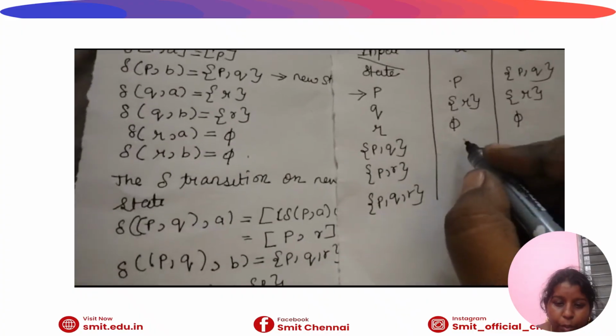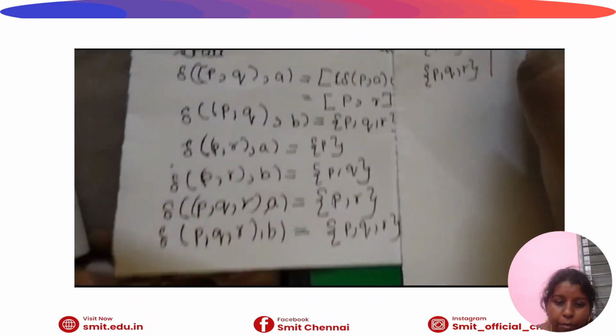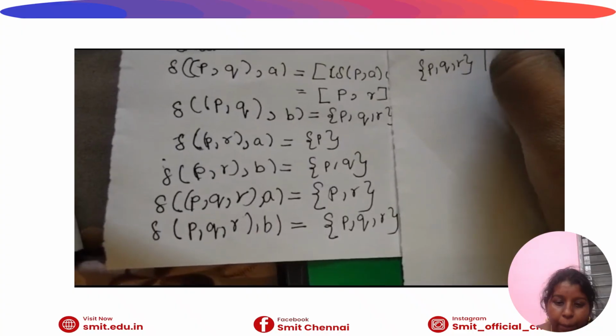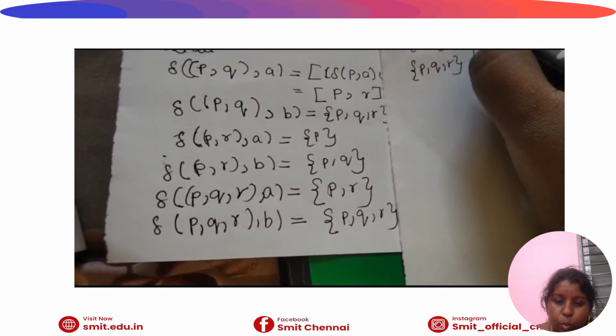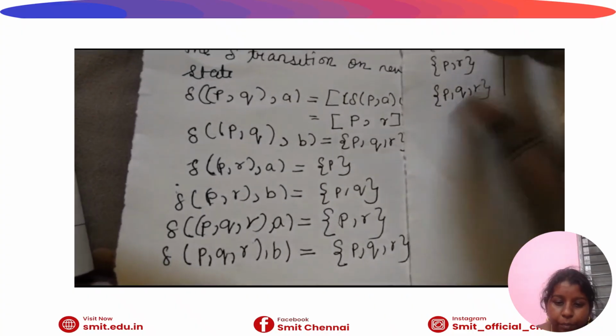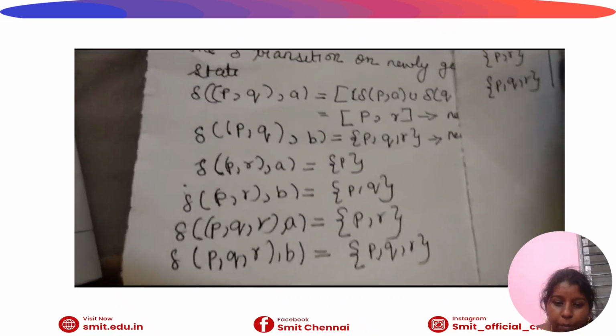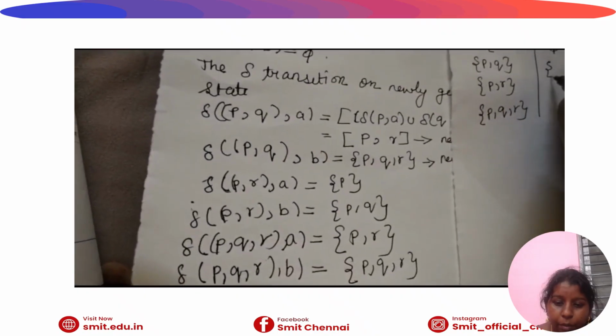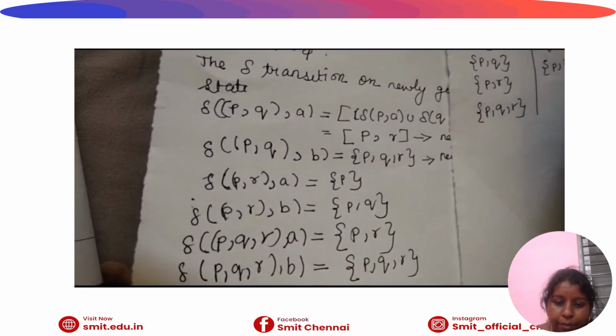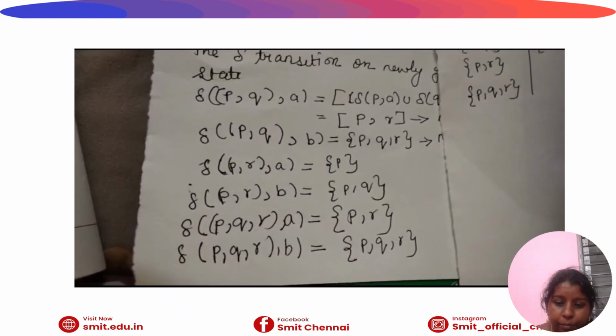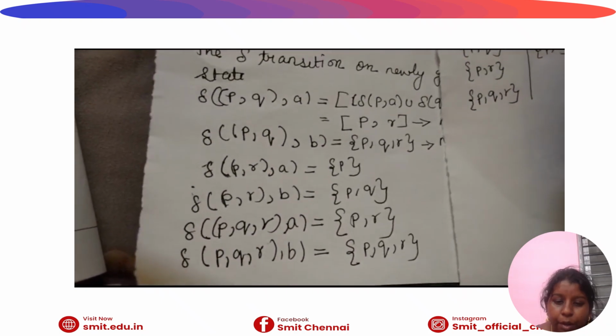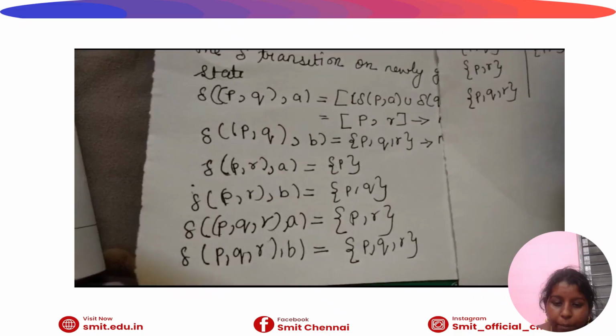P comma Q, for the input A it goes to P comma R, and for B it goes to P comma Q.